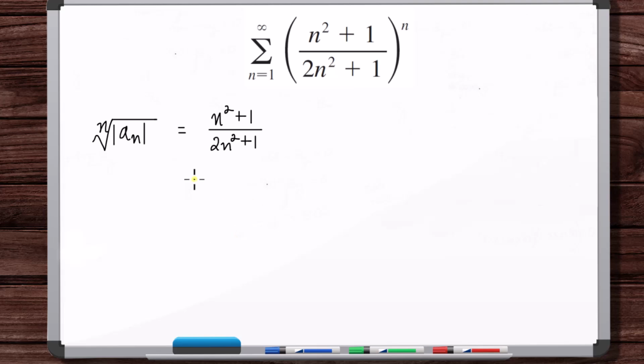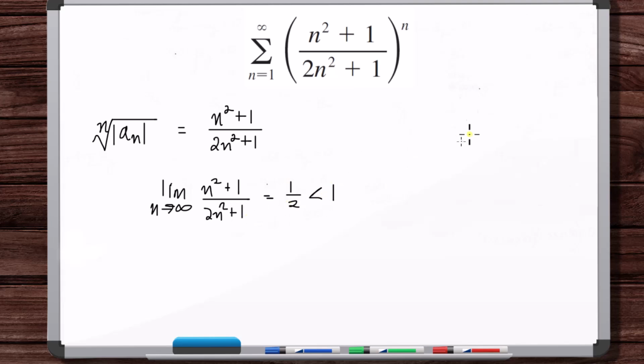Okay, so now it's the exact same idea as the ratio test. You take the limit as n goes to infinity, you find the limit of this sequence. If it converges to something less than 1, then it's absolutely convergent. So okay, here we've got the same order in the numerator and the denominator, which means that this is going to go to 1/2.